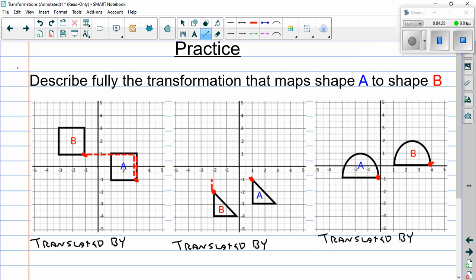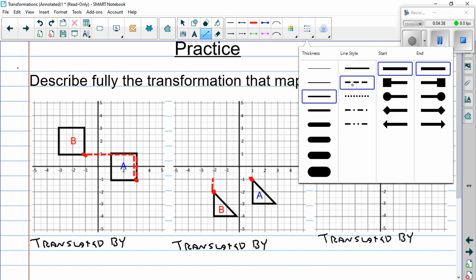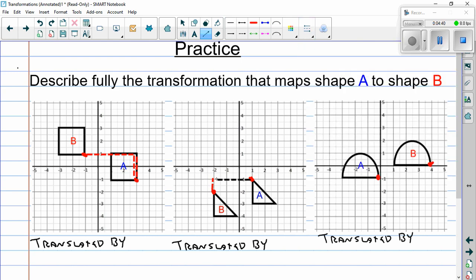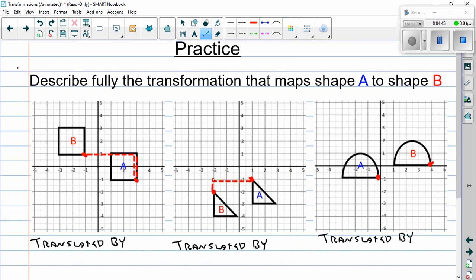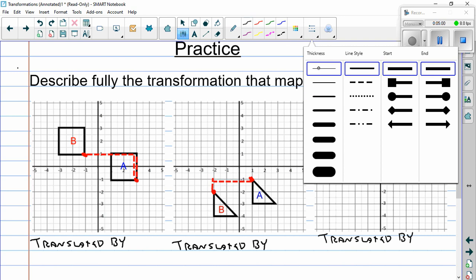I'm going to do this for all of my shapes while I have my straight edge out. It's good if your lines are always straight, but it doesn't matter for this portion so much because we're not actually concerned about the drawing aspect as much as our final answer, with the describing questions.